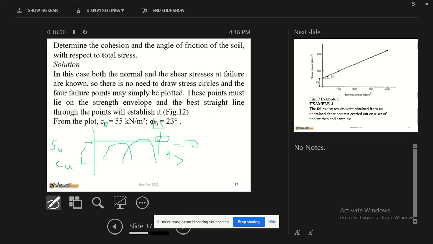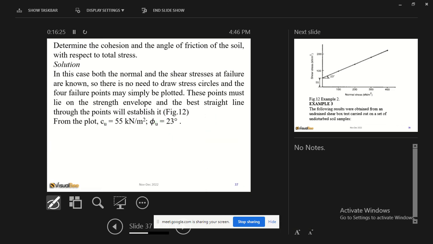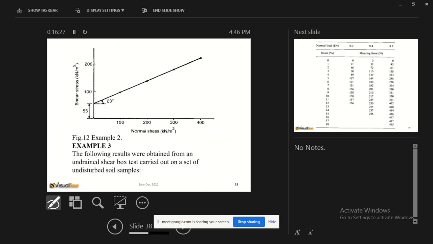So the U here is used to qualify the fact that those parameters are derived from an undrained test. So again, when you use what is called the UU test, you get such values with U. So please do not get confused with that. So this is the solution for that.